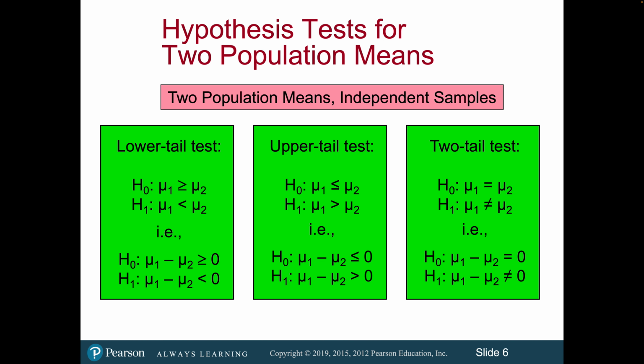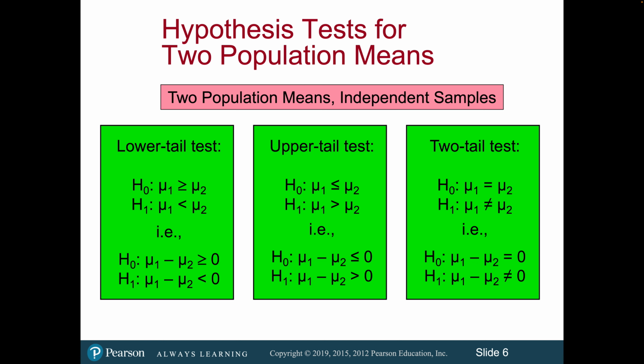Now here's the confusion. Here's what I don't like. In a lower tail and an upper tail test, the null hypothesis no longer is presented as equal to, for these types of tests only. It's no longer presented as equal to in the lower tail test.